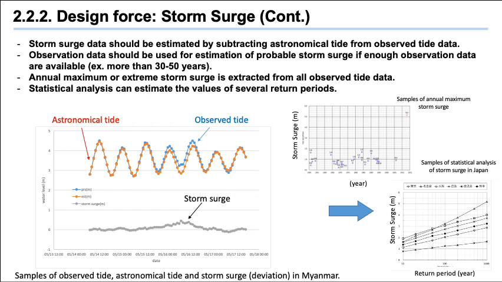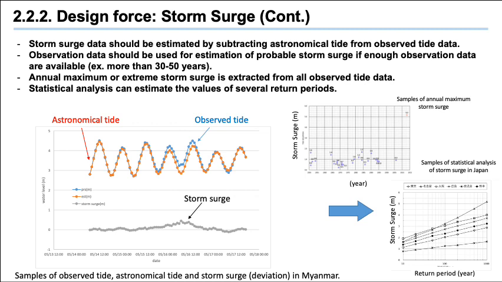As for the design of coastal structure, the target return period of storm surge in design water level is from 30 to 100 years according to the target safety level.